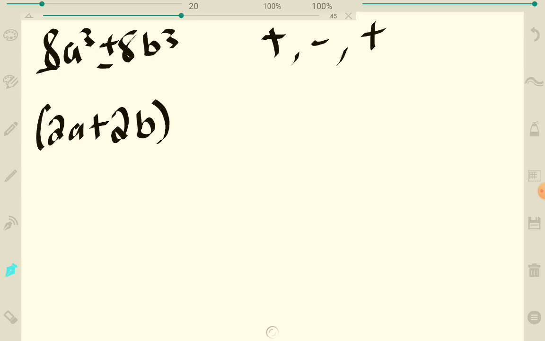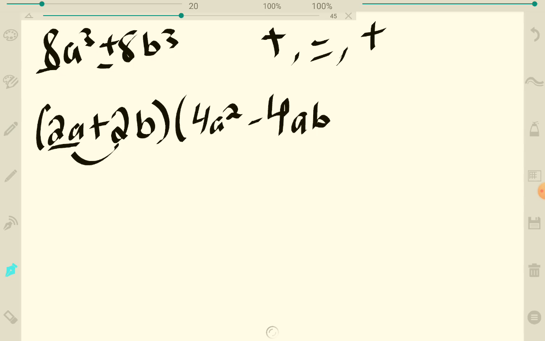as our first term. And our second term would be 2a squared, which would be 4a squared, and thus negative sign, minus 2a times 2b, which would be 4ab, and plus 2b squared, which would be 4b squared.